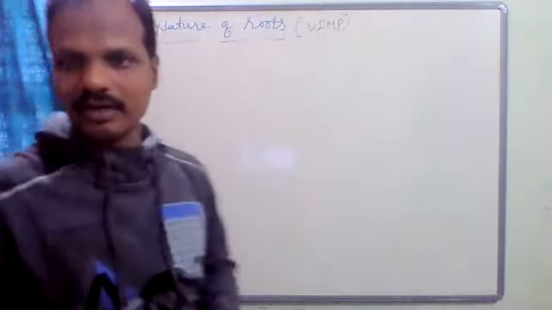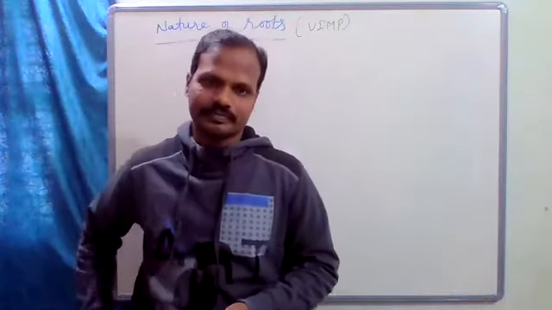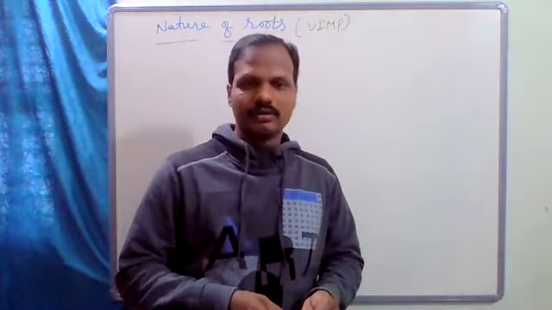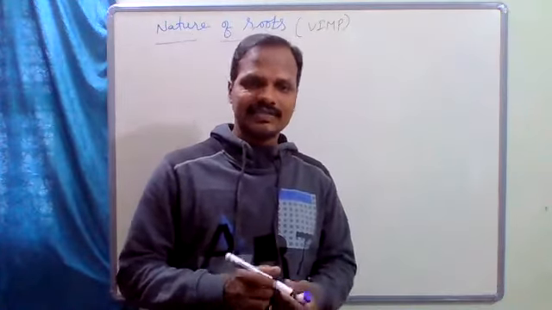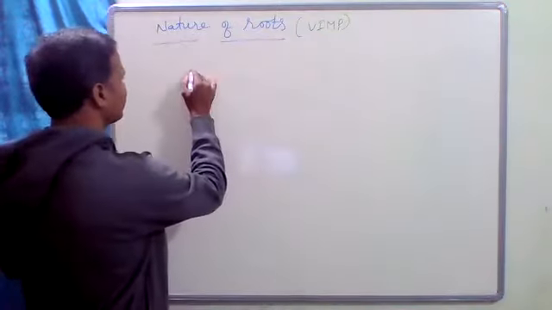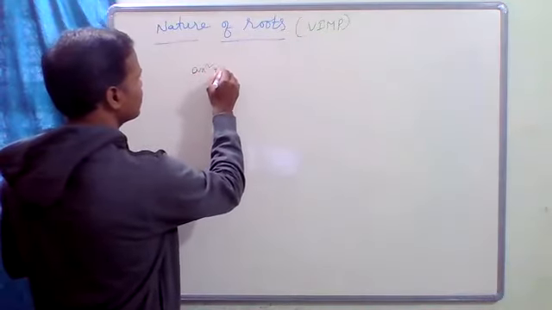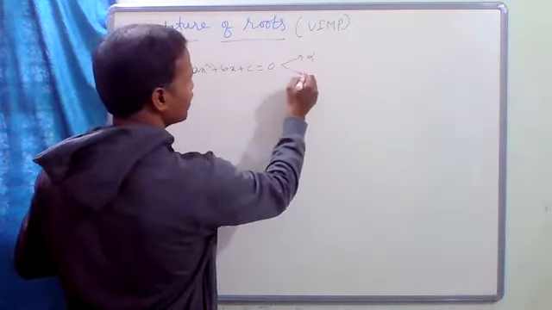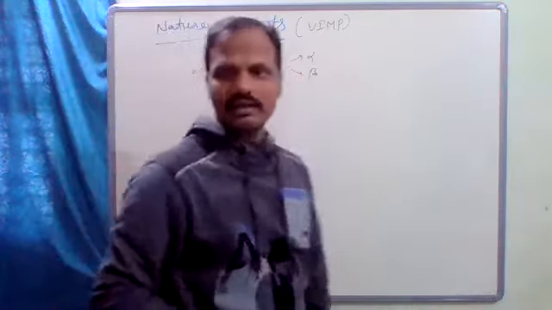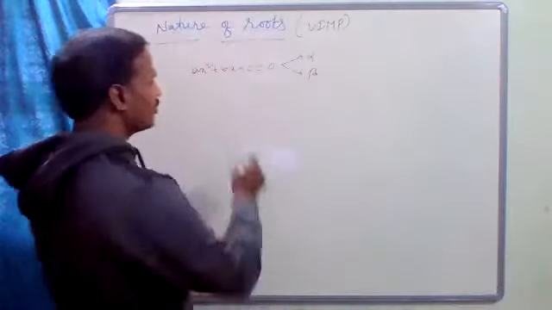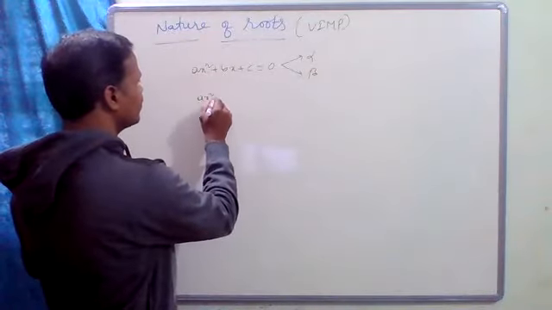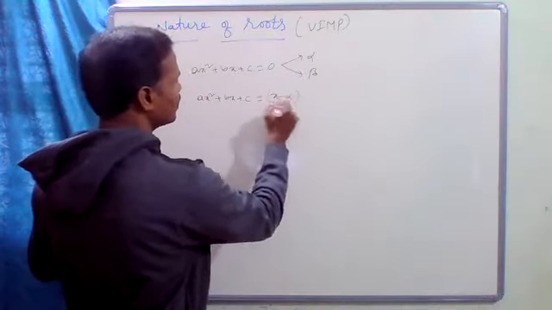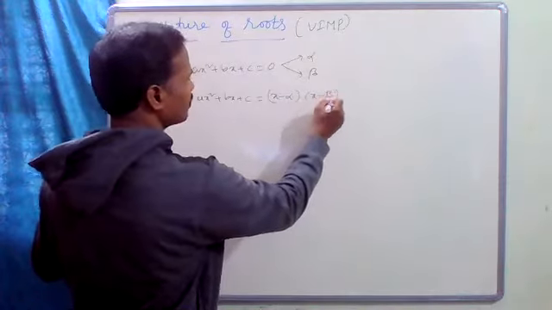Now, if a quadratic equation is given, ax square plus bx plus c equal to 0 with roots alpha and beta, then ax square plus bx plus c equals x minus alpha into x minus beta.